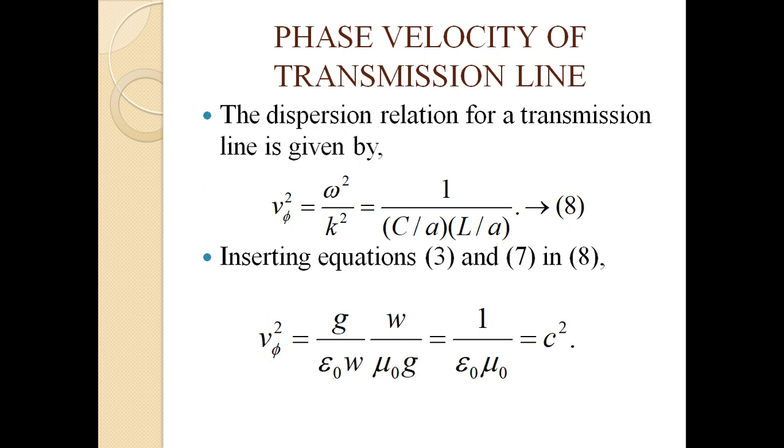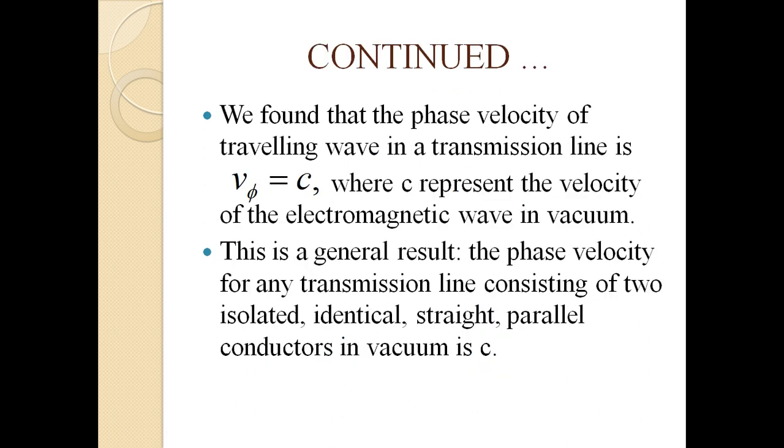Here c represents the velocity of light in vacuum. So we get that the phase velocity of a traveling wave in a transmission line is equal to the velocity of electromagnetic wave in vacuum, that is c.